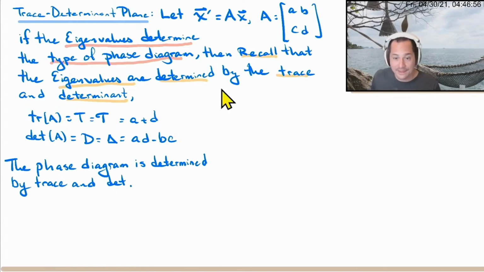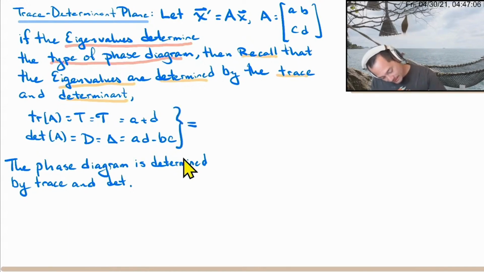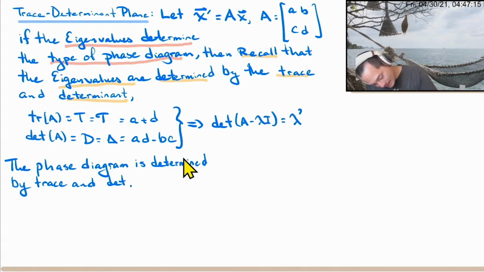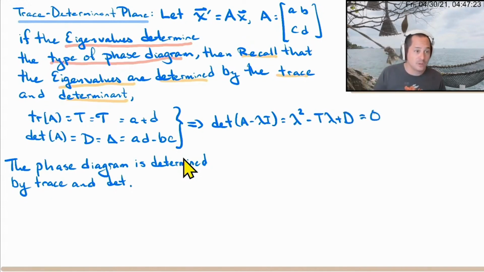All right, and then the determinant, which is D, in your book is represented by a delta, and it's going to be the typical way to calculate determinant. So what that means is that if I look at the determinant of A minus lambda I, that's going to be lambda squared minus the trace times lambda plus the determinant. I'm going to set that equal to 0. But that's just a quadratic equation.